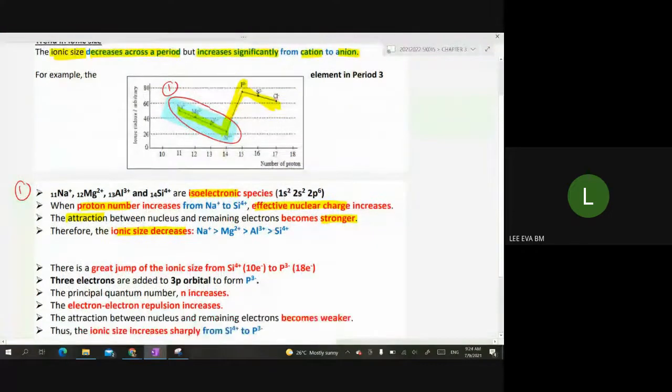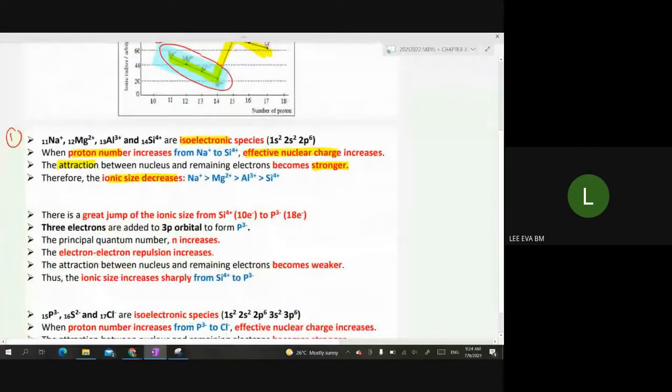And then after that, we have our second part of the explanation, comparing between silicon 4 positive and phosphorus 3 negative. So now there is a great difference in the number of electrons involved. So we are not looking at the Z and the Z. We're looking at the differences of the electrons.